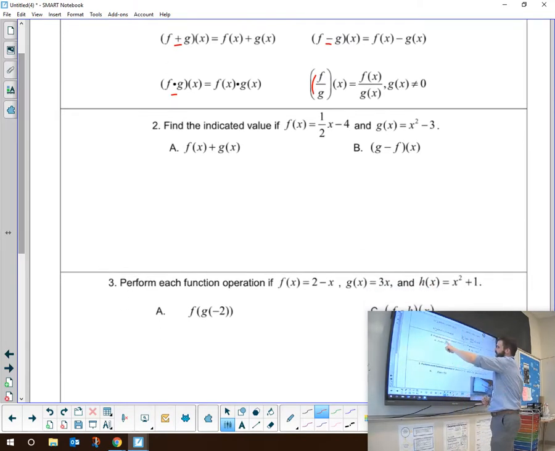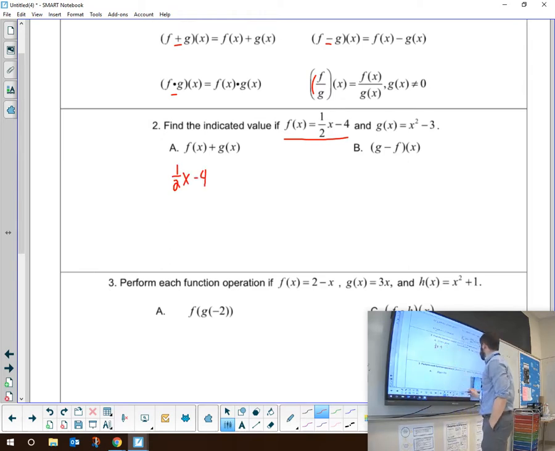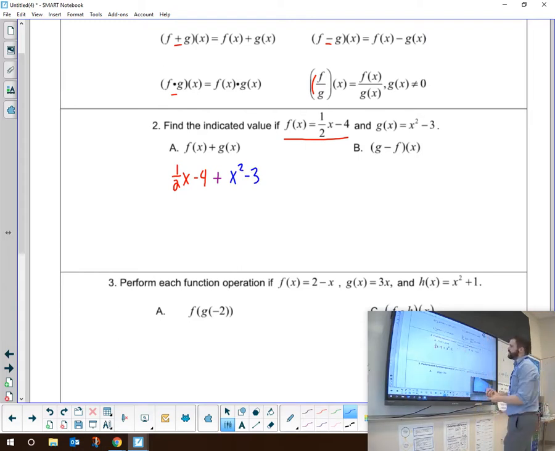Well, my f of x, I can replace with 1/2 x minus 4, and put our plus sign in the middle, I can have my g of x, which is going to be x squared minus 3.